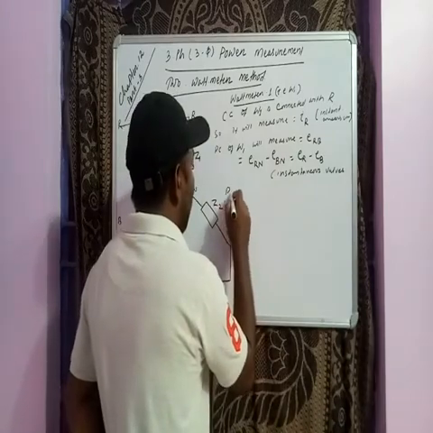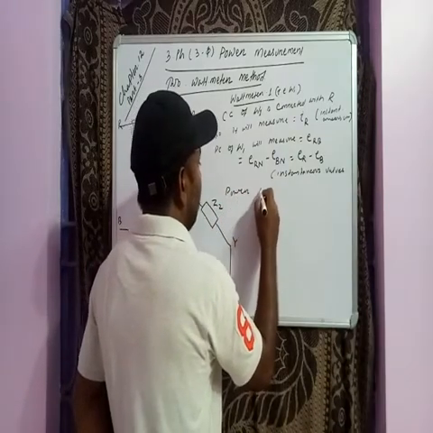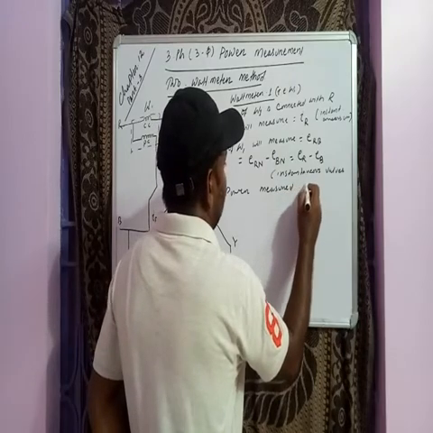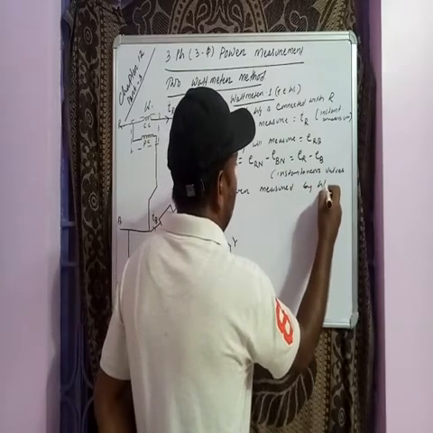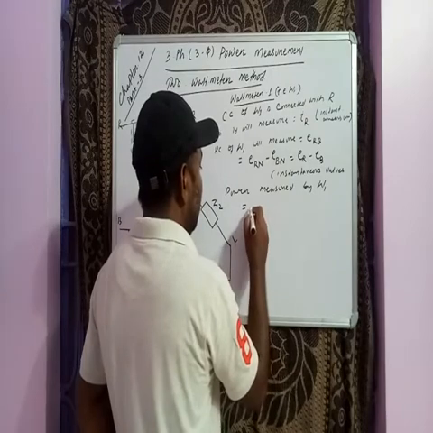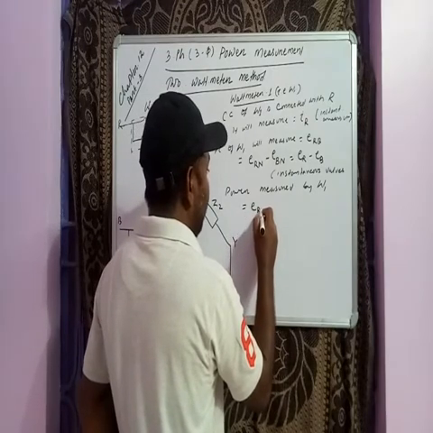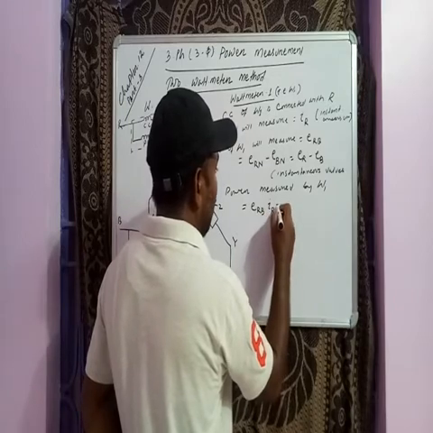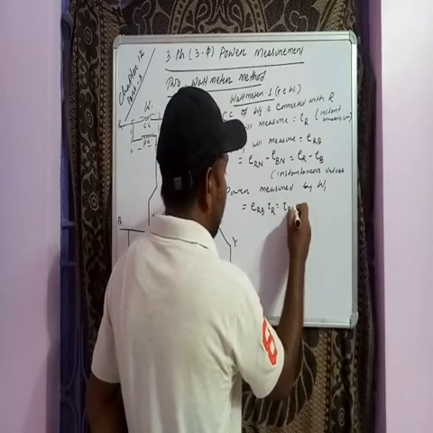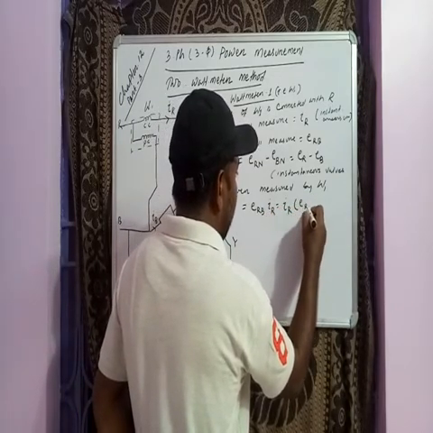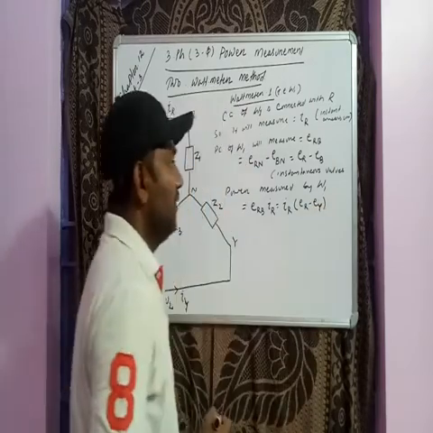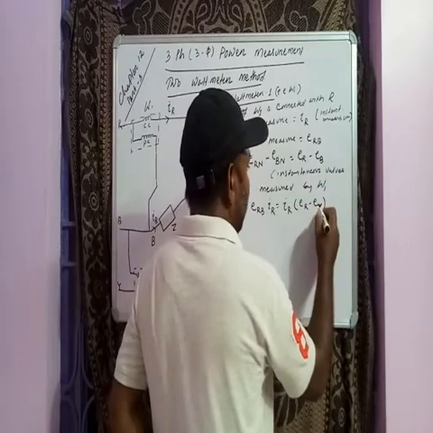So then the power measured by W1 is equal to ERB into IR, or we may write it as IR into ER minus EB, right?